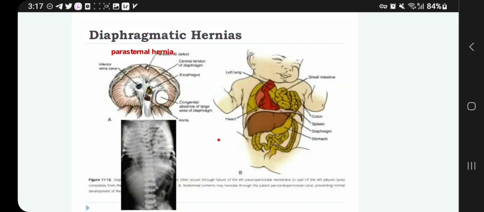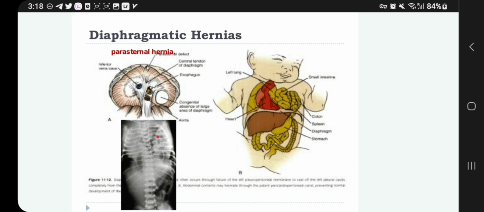In some defects we have a diaphragmatic hernia. For example, you can see on the left side the pericardioperitoneal canal is open, and we have a hernia here, and some part of the intestine comes into the thoracic cavity and collapses the left lung, for example.